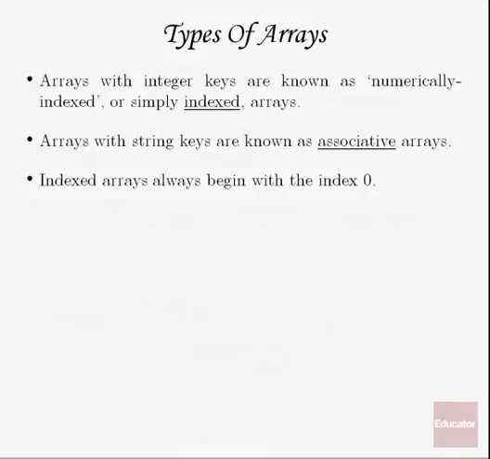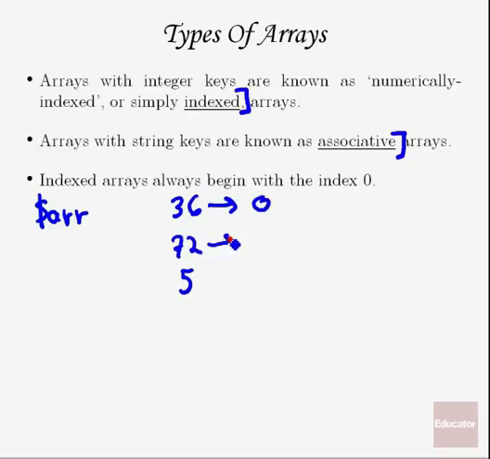So arrays with integer keys, as we just showed, are known as numerically indexed, or simply indexed arrays. And arrays with string keys are known as associative arrays. So we have associative arrays and indexed arrays. We just looked at an example of an indexed array where, let's use some different numbers, you have keys associated with them of 0, 1, and 2.